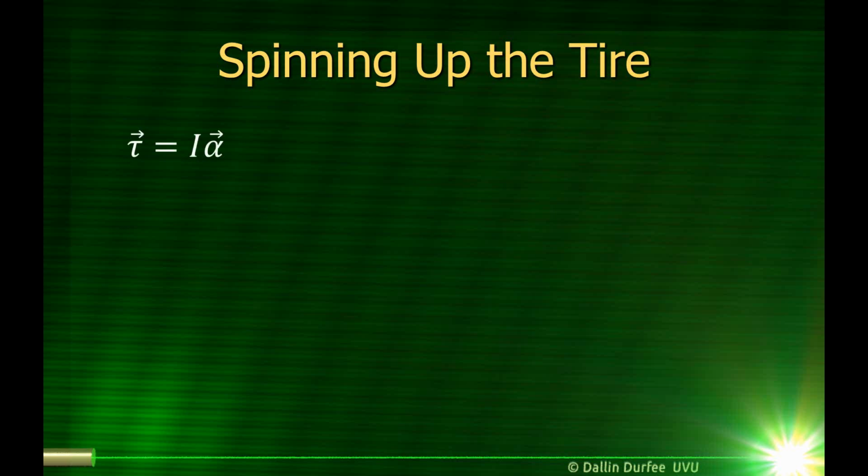But what about the torque? Torque is I times alpha, right? This is just F equals ma, but converted to the angular version. That means the average torque is the moment of inertia times the average angular acceleration. And the average angular acceleration is change in angular velocity divided by the time it took to make the change.